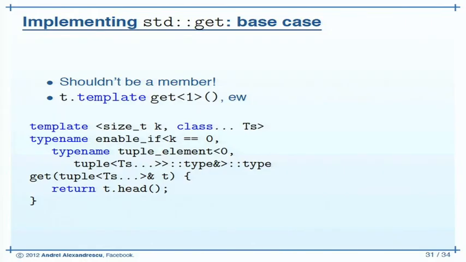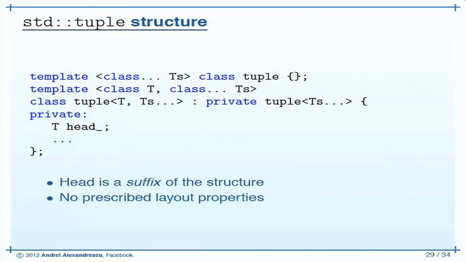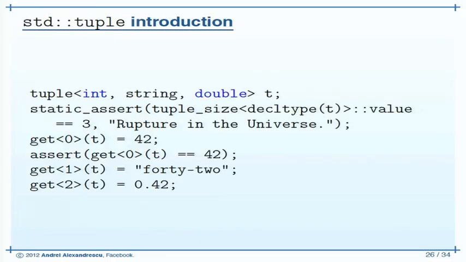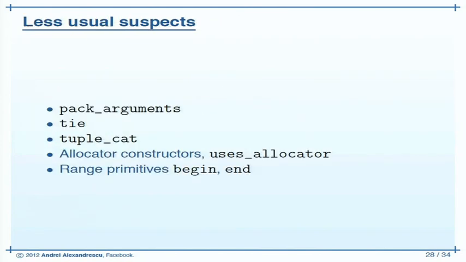And if k is 0, I'm going to return typename tuple_element of 0 and the tuple, reference. Because I'm returning the reference because, remember, I can assign to the thing here. So I return by reference. I return the actual reference to the object sitting inside the tuple. Right? I'm not returning a copy.